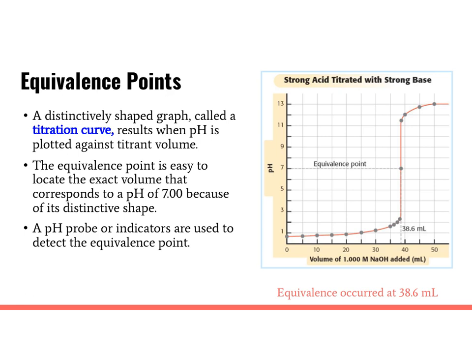So as we're adding our titrant, the known, in this case a base, to the acid, we see that it's becoming more basic, right? Those H3O+ ions get used up, and then eventually we hit a point where they're equal, right? And we have equal amounts of OH- and H3O+ ions. So that point is our equivalence point.